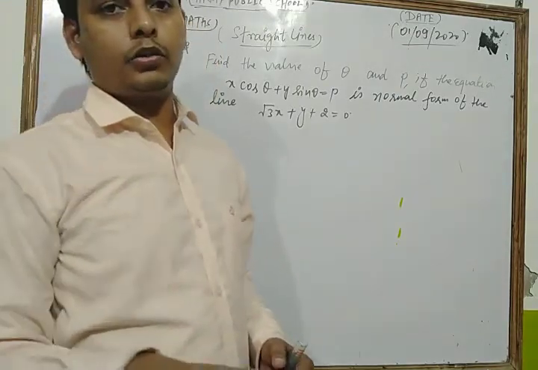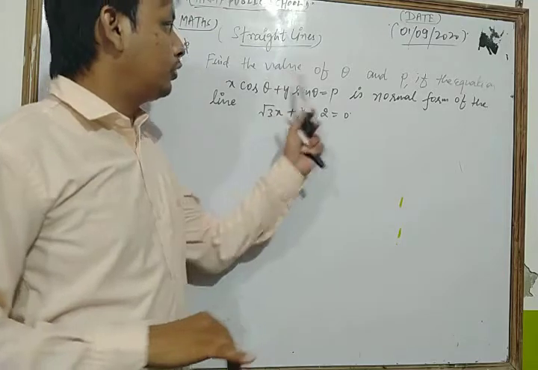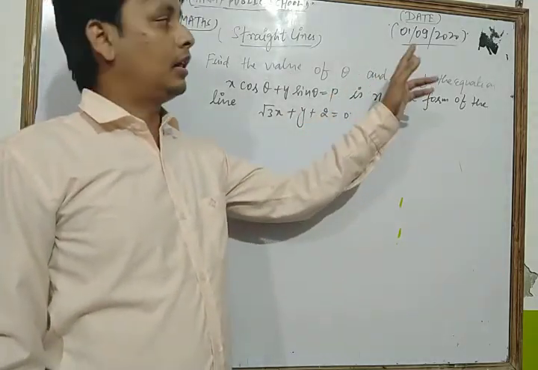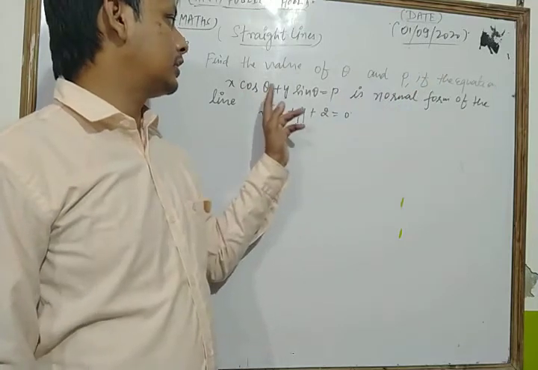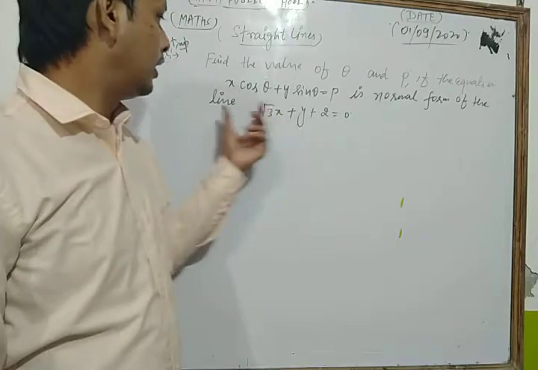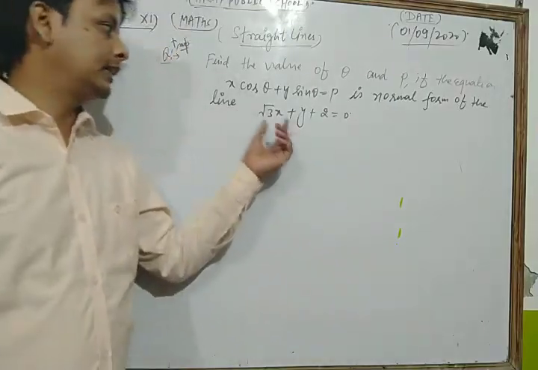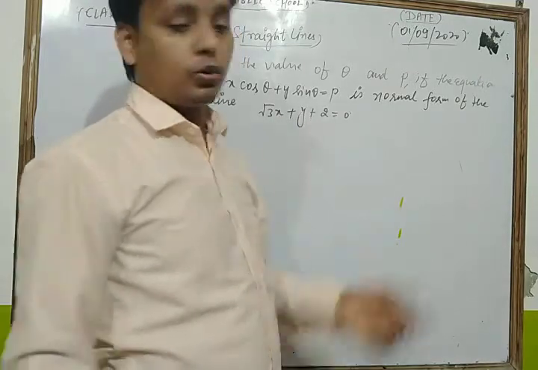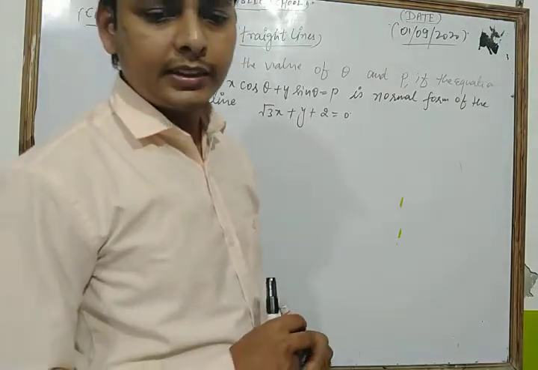In that question, dear student, what we find? We find the value of theta and p if the equation x cos theta plus y sin theta is equal to p is the normal form of the line root 3x plus y plus 2 is equal to 0, right? This is the question.